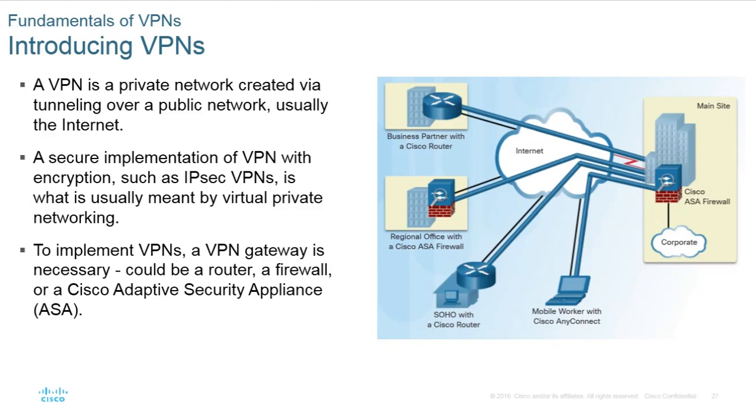A secure implementation of VPN with encryption, such as the IPsec VPN, is usually what is meant by virtual private networking. So for you to have the implementation of this, there is a lot of hardware that you might consider. You can have your router as your VPN gateway, or your firewall, or even the Cisco Adaptive Security Appliance, or the ASA.